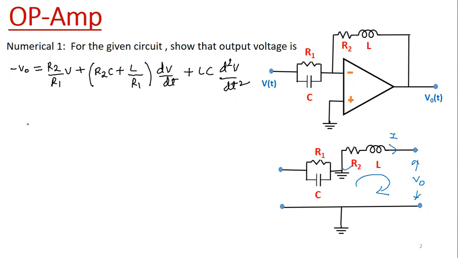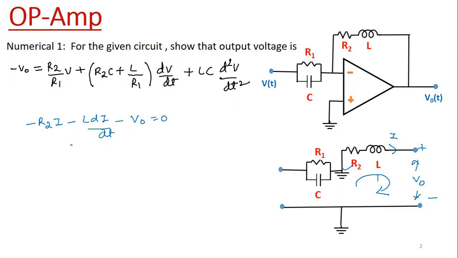So we get minus R2 into I, minus the voltage across the inductor, which is L di by dt, since the current through the inductor is I. The voltage polarity is plus to minus like this, so it ends at minus V0 is equal to 0.